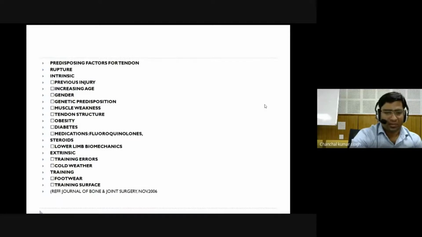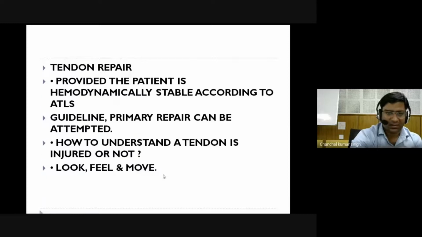Some tendons are more prone to rupture, typically the quadriceps and tendo-Achilles. Obesity and diabetes cause metabolic alteration, and the quality of the tissue is poor because of it. You have medications: fluoroquinolones and steroids. Lower limb biomechanics is important in lower limb ruptures from sports or contact injuries. You can have training errors, poor warm-up, footwear, and training surface. These are the extrinsic factors.